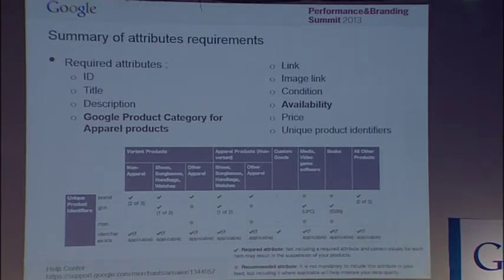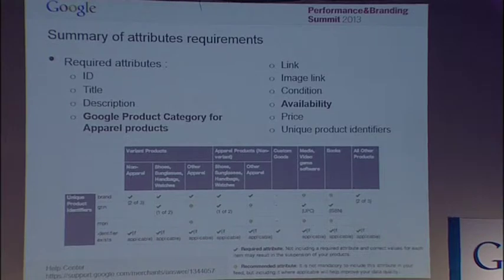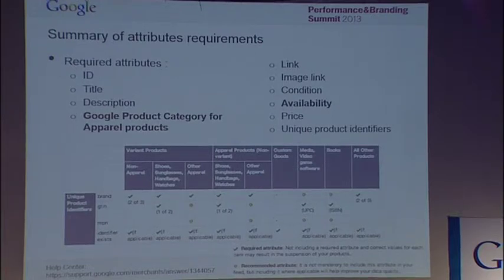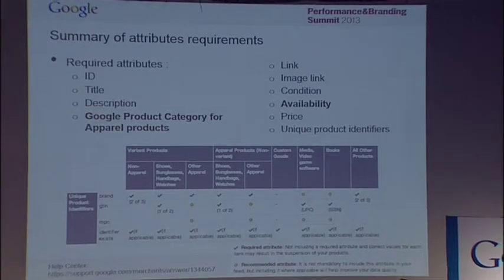So for example, if you are selling books, you can see that the one attribute that is required in green is ISBN code. If you are selling video games, we will require UPC. If you are selling something else, we will require that you put in your feed 2 out of brand, GTIN, or MPN.